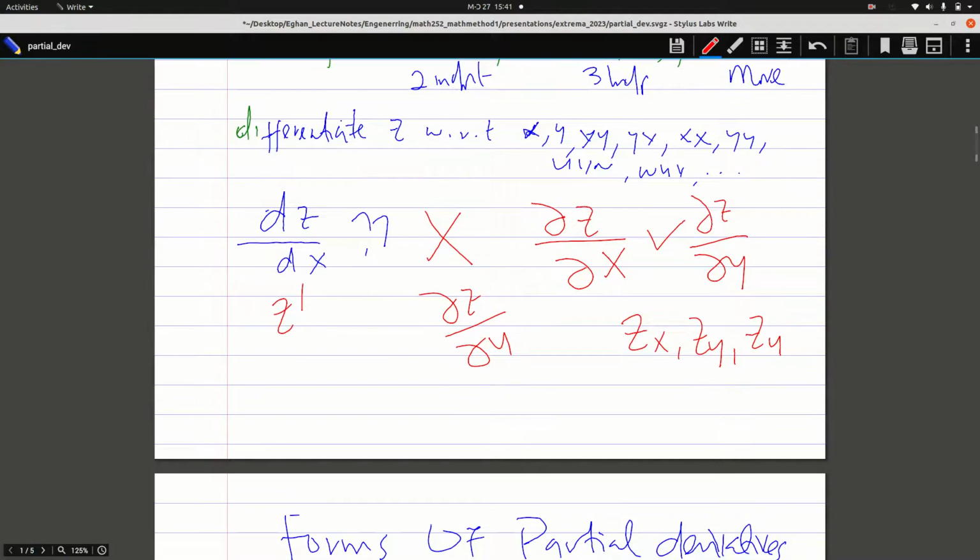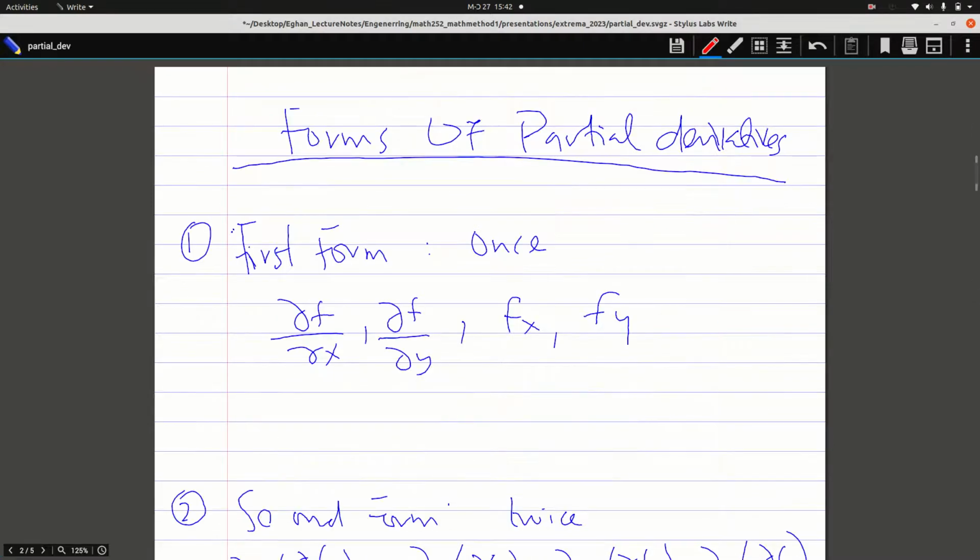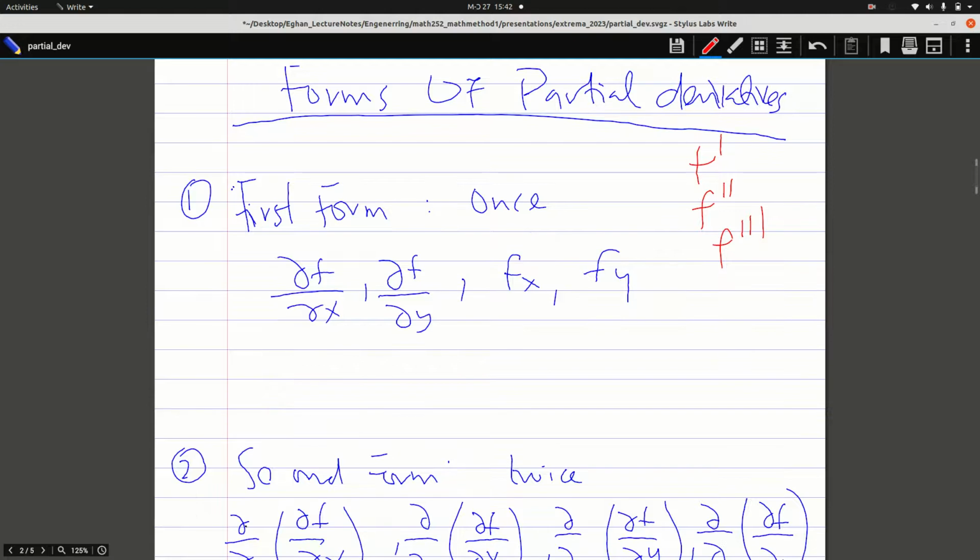Having said that, we have various forms of partial derivative. Just as in single variable calculus, you can differentiate once, you can differentiate twice, you can differentiate 3 times. We can do the same thing for partial derivatives. If we differentiate once, I've already shown you, it's just the partial derivative with respect to 1 variable.